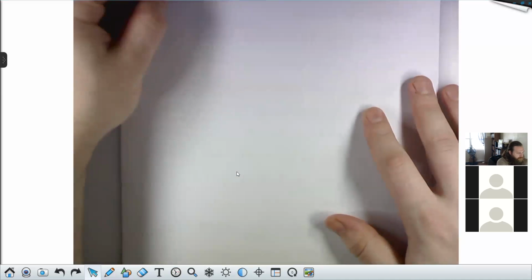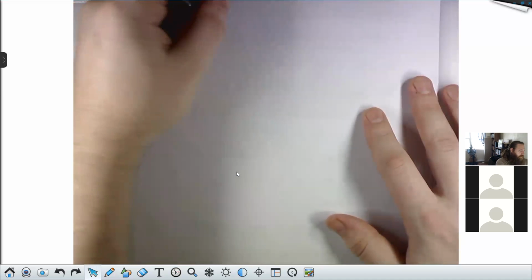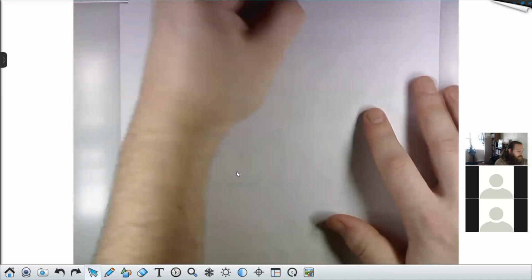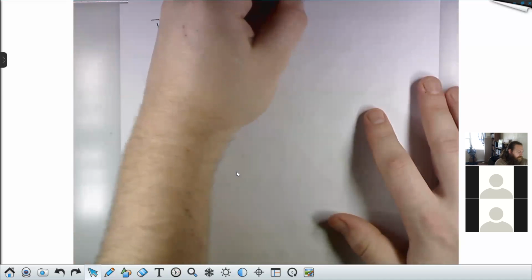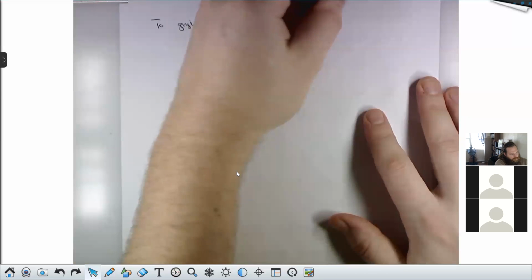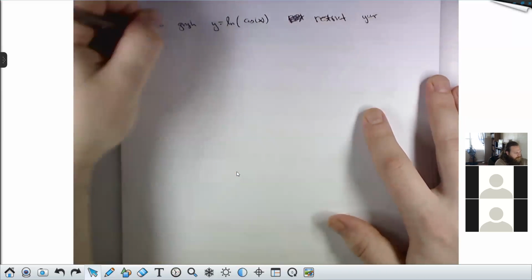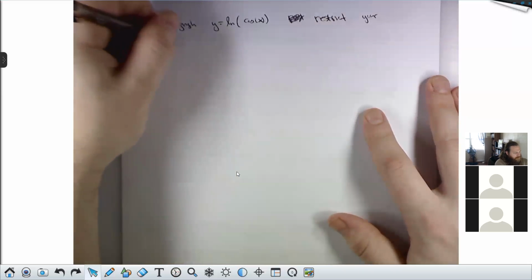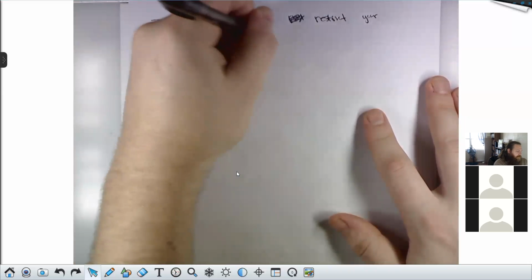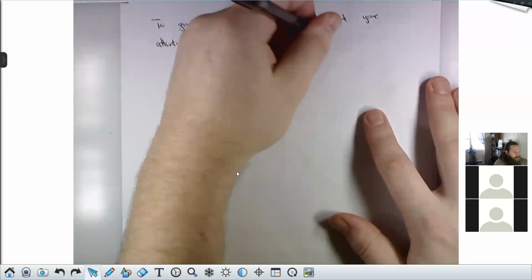So to graph y equals the natural log of cos x, restrict your attention to the interval 0 to 2 pi.